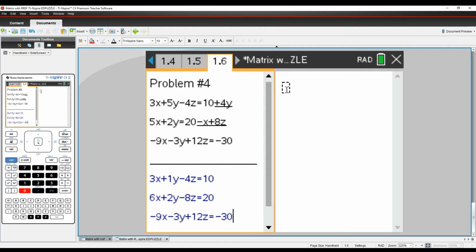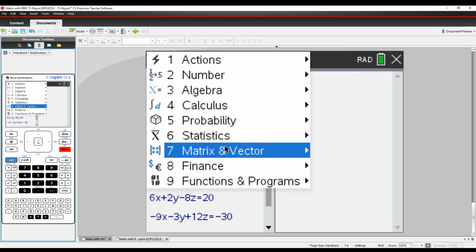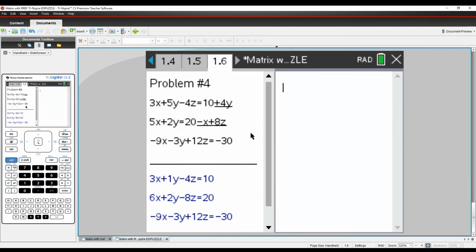Okay, so now we're going to create our augmented matrix. What needs to happen before my augmented matrix? I need to select menu, matrix, and I'm going to select reduced row echelon form. And if you make a mistake, all you do is erase it. Let's try it again.